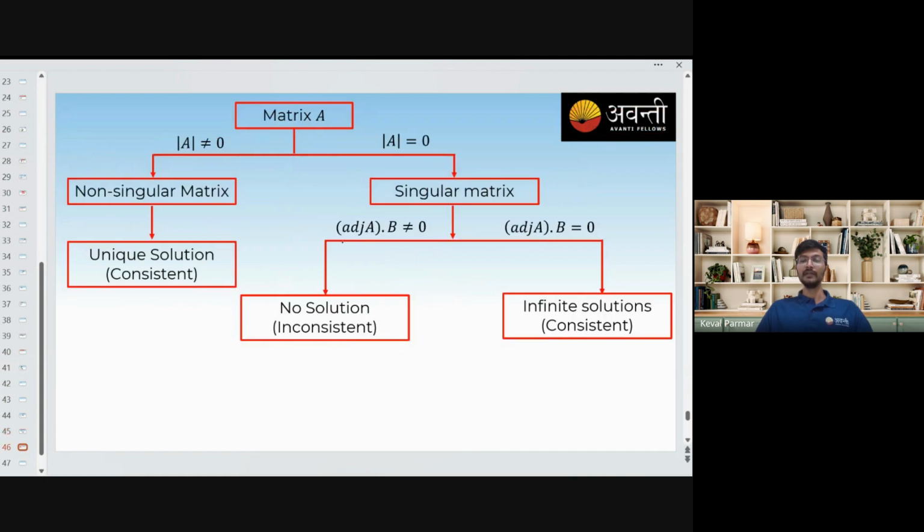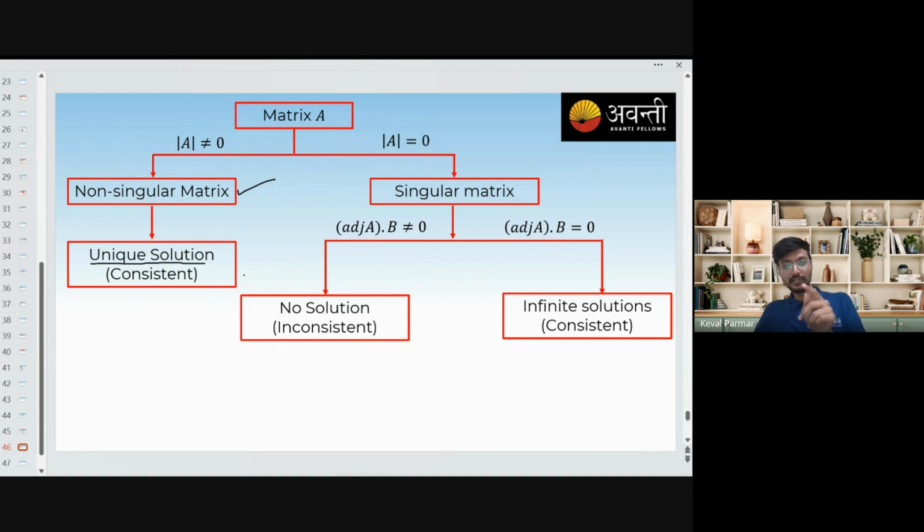Next, this is what we do in system of equations. There can be two cases where matrix A determinant not equals to 0, determinant equals to 0. If determinant is non-equal to 0, then it is a non-singular matrix. That means there's a unique solution.